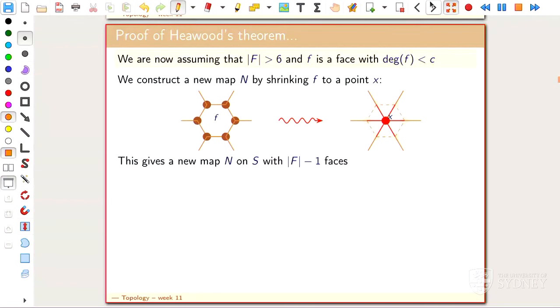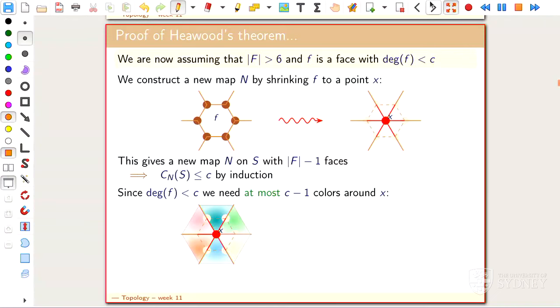Cool. So this gives you a new map with a fewer number of faces, right? So before we had f faces, and now we have one less. So then you can always argue inductively. c was the number from before, the square root number. By induction, I have a smaller map, so it is colorable by c colors.